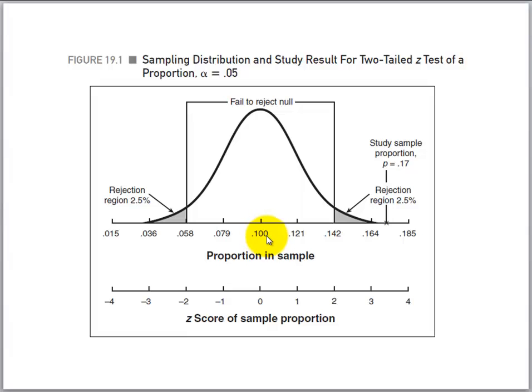So you can see that our study sample result of 0.17 is more than 3 standard deviations above the mean. Here are the rejection regions, and our result is way out in the tail of the upper rejection region, and we do indeed reject the null.